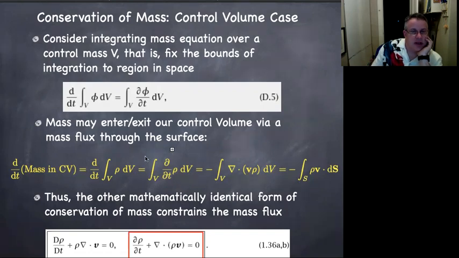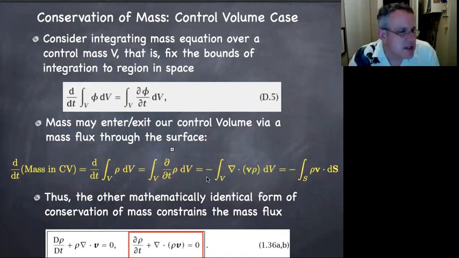Okay, now look at these two right here in the middle. They're both integrals over volume. This is a derivative, this is a different derivative, and there's a minus sign here. We never specified exactly what volume it was. So the equality between these two integrals can't depend on which volume we picked.